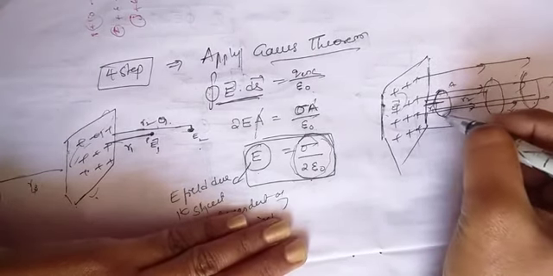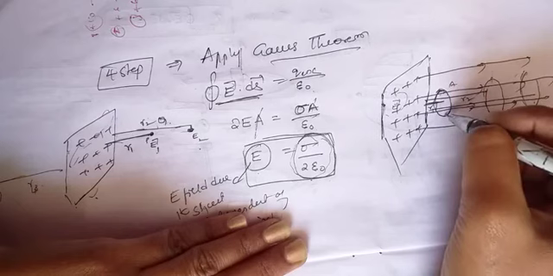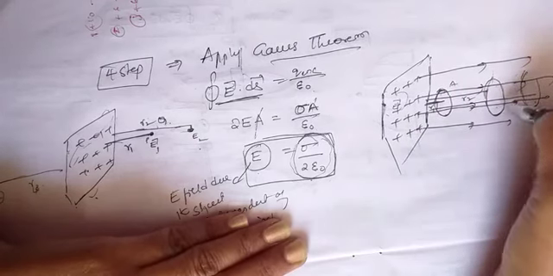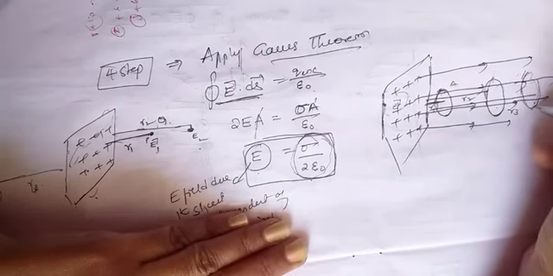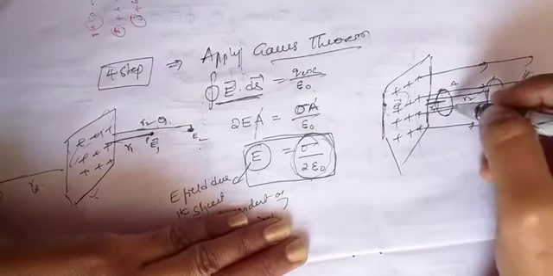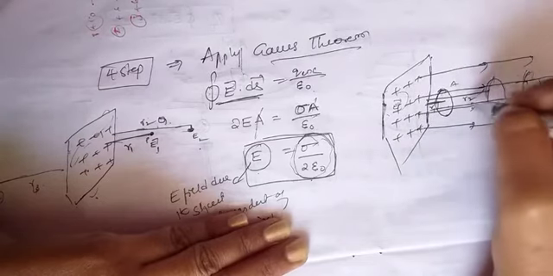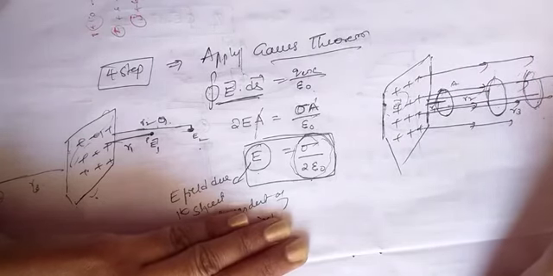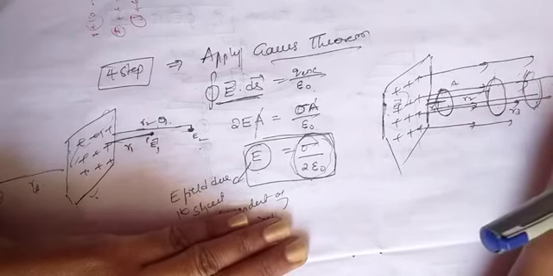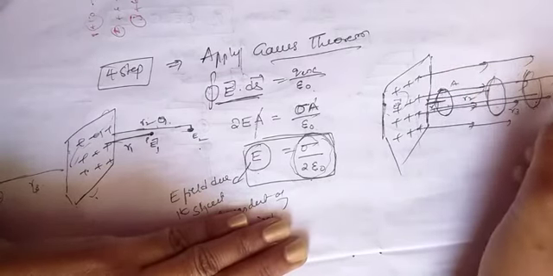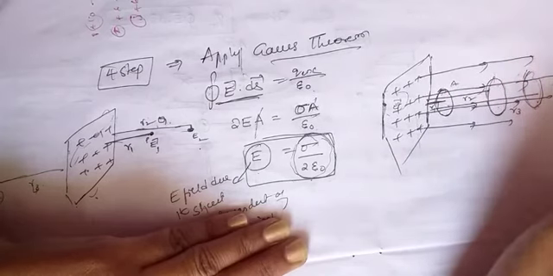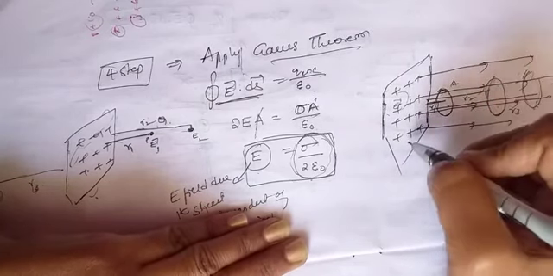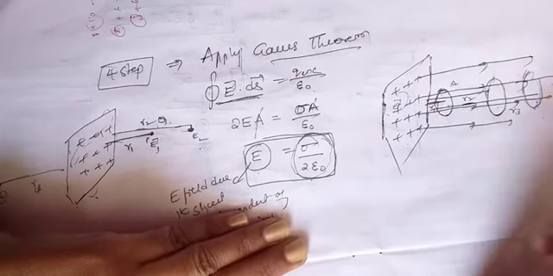Only two lines pass through each area. So the number of field lines passing through this area is the same at every point along the same axis. So for the particular area we get the same electric field if it is an infinite charge compared to r.